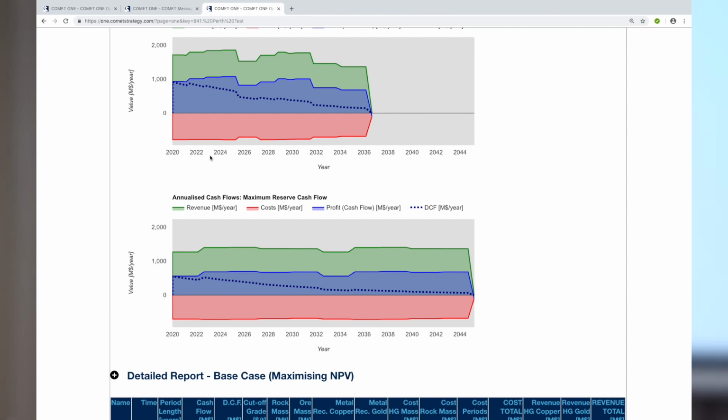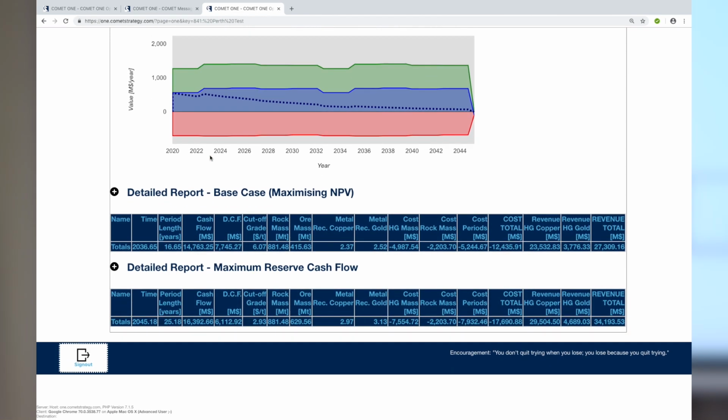If we have a quick look at our amount of ore down the bottom with these numbers, you can see that our total amount of rock stays the same at 881 million, but our amount of ore has increased from 415 million tonnes in our best NPV case to 629 million tonnes in our maximising the reserve cash flow.